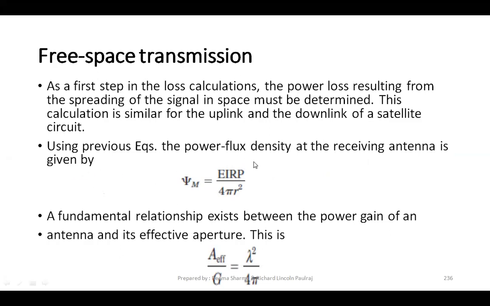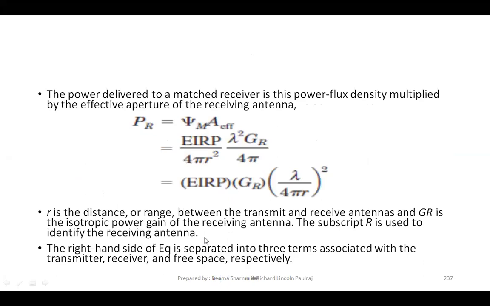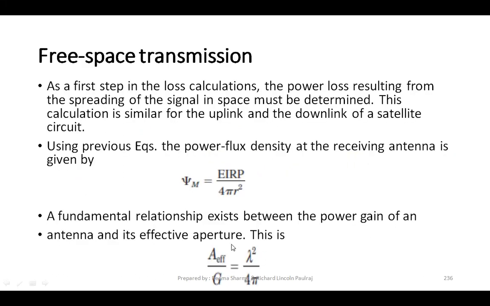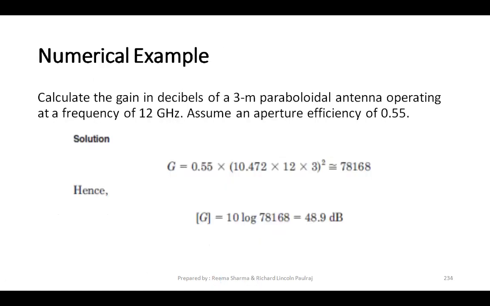So we have this power flux density, which is equal to EIRP divided by 4 pi r square. A fundamental relationship exists between the power gain of an antenna and its effective aperture. G is the gain of your antenna, and your effective aperture A effective is equal to lambda square, the wavelength, divided by 4 pi, multiplied by G. In most of the questions, the wavelength will be given, just like how we saw in the previous one.